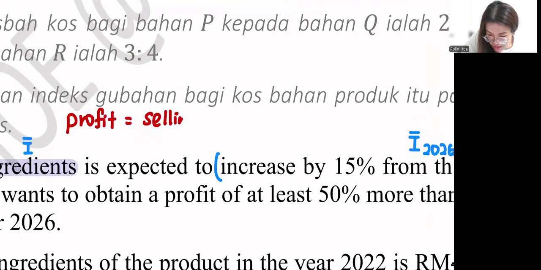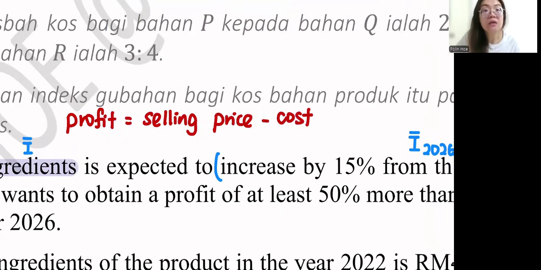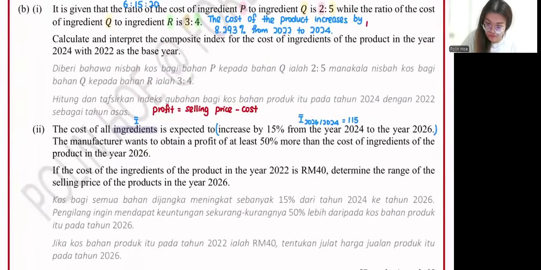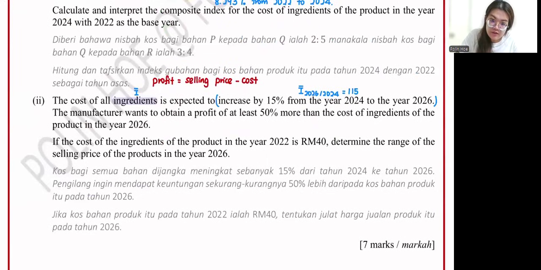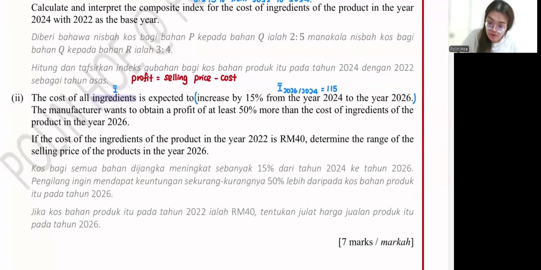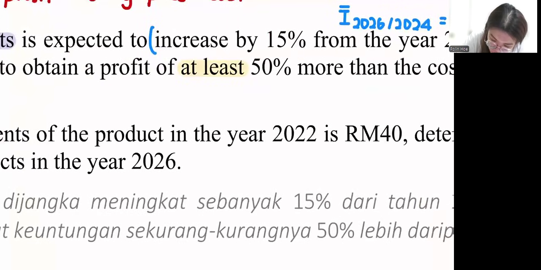We have selling price minus the cost. 你卖出去多少钱 减掉你的这一个 what does it call 成本，your cost is 成本。可以，所以他问你 if the manufacturer wants to obtain a profit of at least 50% or more than the cost of the ingredients of the product，所以他要赚的利润是至少50%。At least bigger than or equal to.